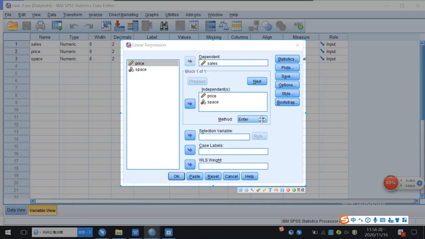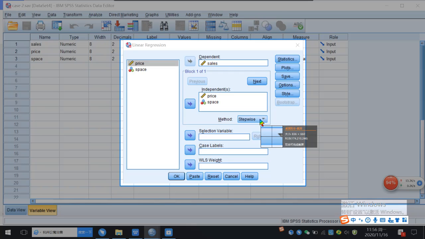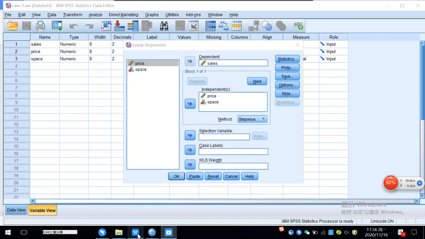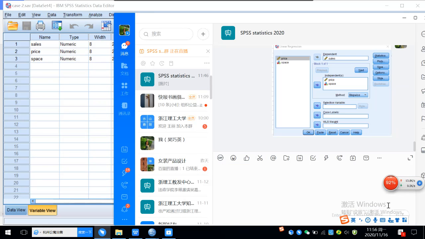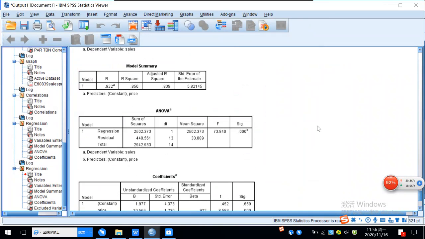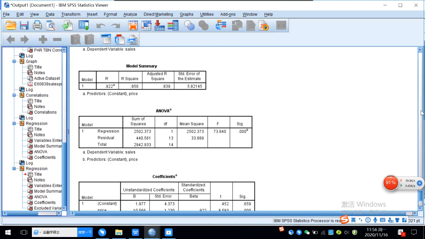I want to use the stepwise. Okay, here stepwise. Also here one by one.